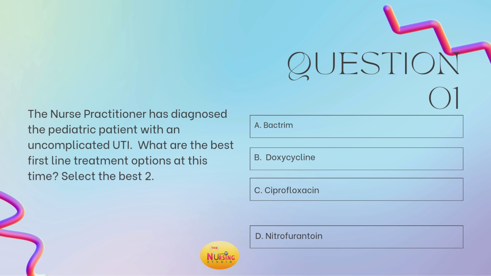I will say in practice, commonly they use Bactrim a lot more just because people have utilized that a lot in the past, but you deal with a lot of components with this, like sulfa allergies. There are more side effects associated with Bactrim. So it's really a preference. They will never on boards give you both of those.